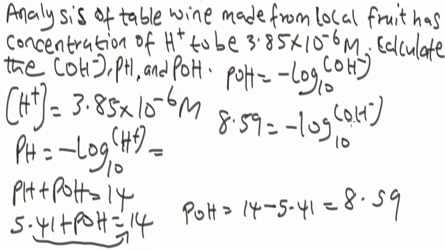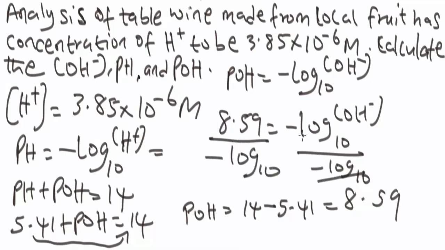To make the OH ion concentration the subject of the formula, divide both sides by negative log to the base 10. So this cancels it.